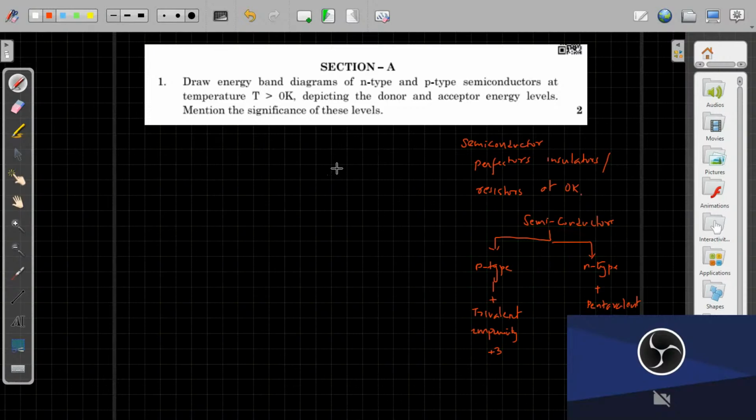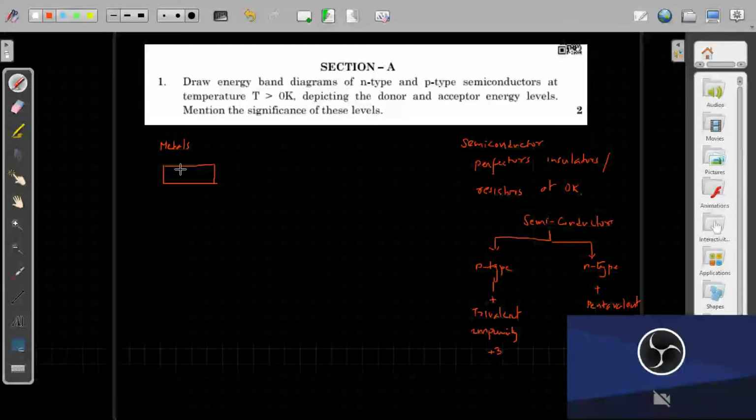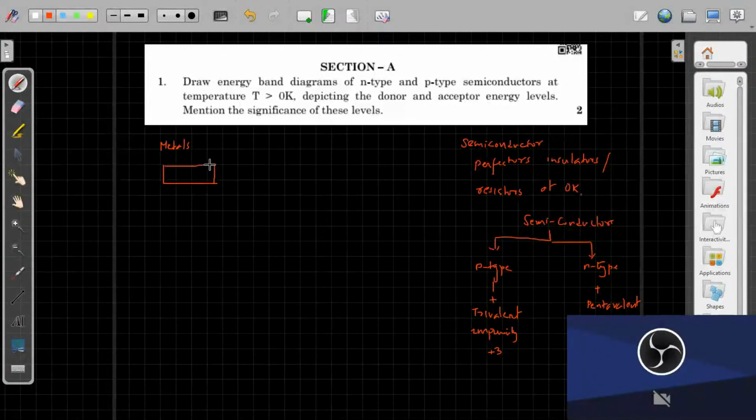In terms of the energy band diagram, we can explain this. In case of metals, you will see there are energy bands, continuous energy levels which electrons occupy.